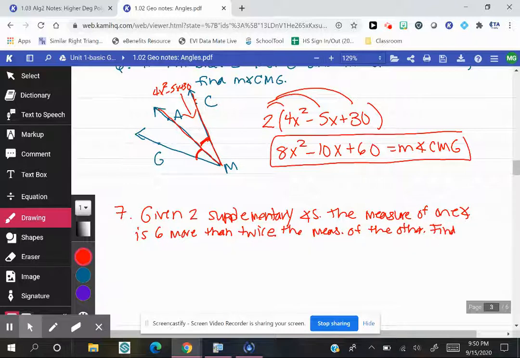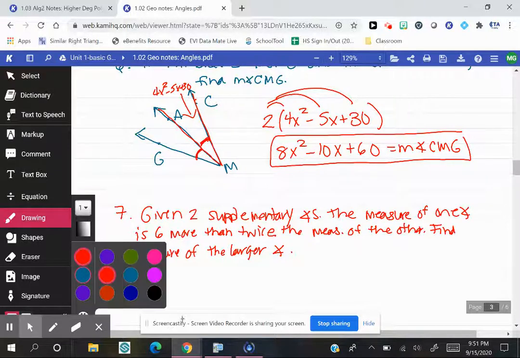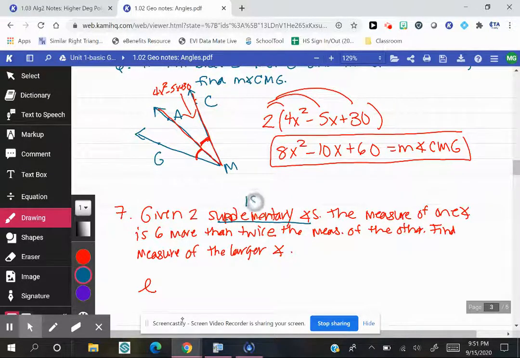Find the measure of the larger angle. So let's start off by writing this out. So the supplementary, first of all, supplementary means they're going to add to 180 degrees. The measure of one angle is 6 more than twice the measure of the other angle.